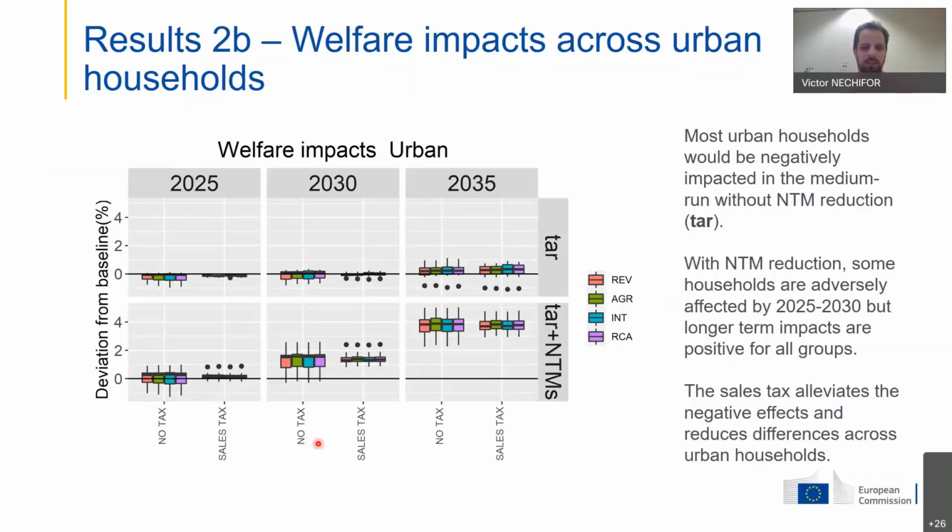But here what we see is that the moment we add the sales tax, we have some benefits of also reducing the differences between the different urban households, but also bringing more households from the negative welfare impacts into the positive territory. So here, besides the positive effect on government income of adding the sales tax, it's a positive outcome in terms of improving the transitional welfare impact of negative impacts on urban households.